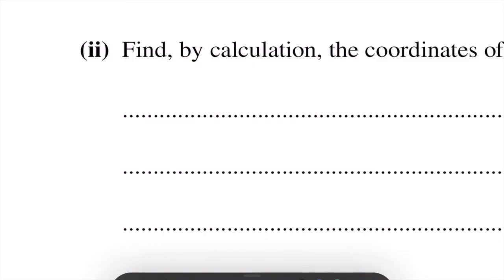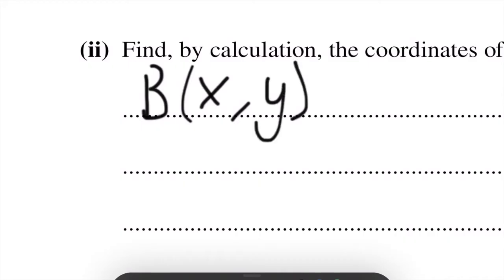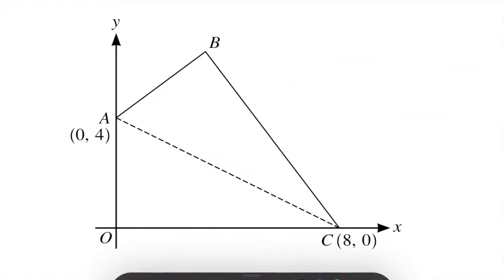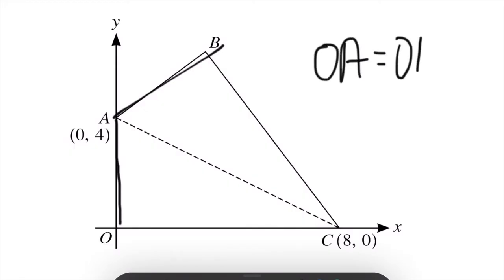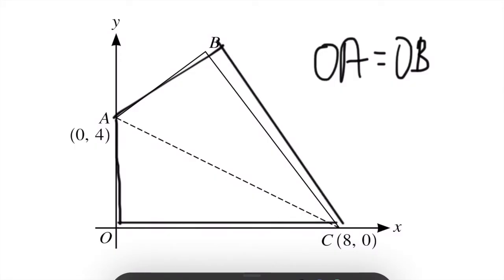We will use x as the x coordinate of B and y for the y coordinate of B. Looking back, we know that OA is equal to AB since they are symmetrical. We also know that OC is equal to BC since they are symmetrical as well.